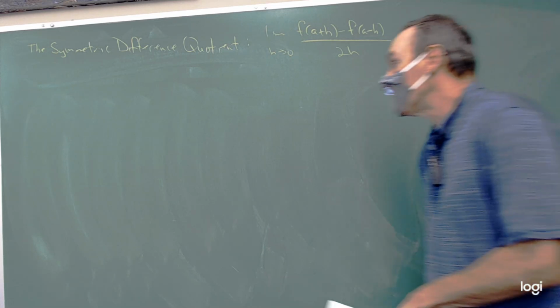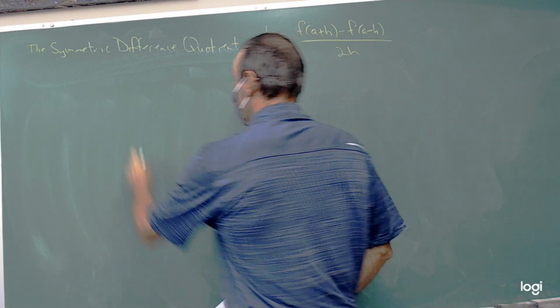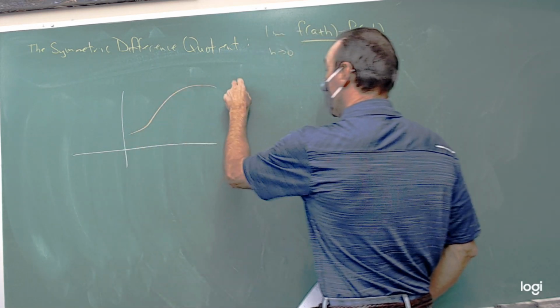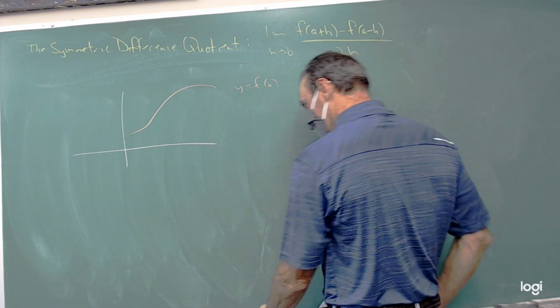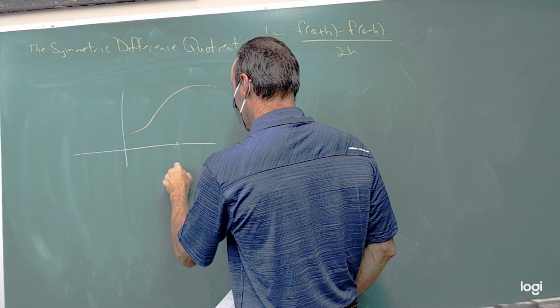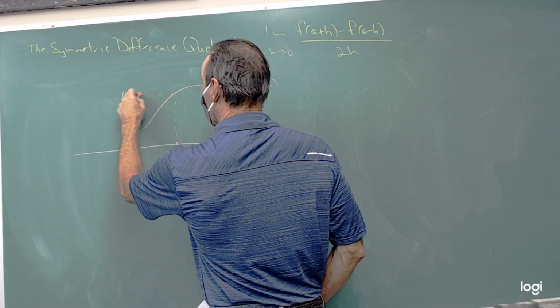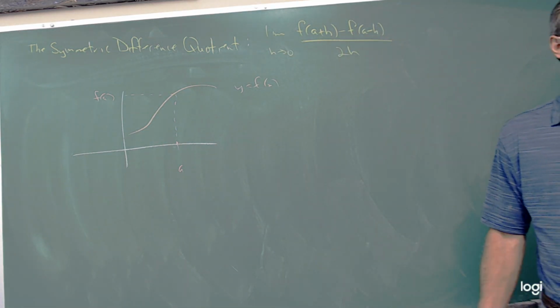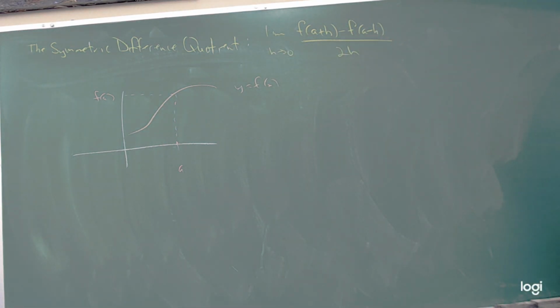So visually what we have is here is our function y equals f of x. And this is our point A, and we're interested in finding the derivative, which is the slope of the tangent line at that point.